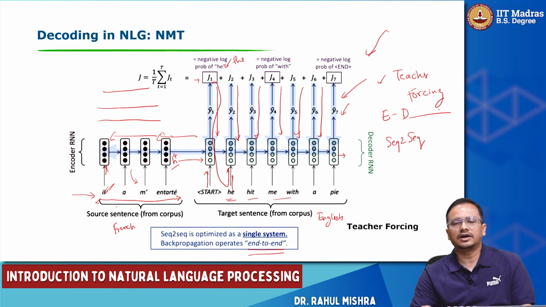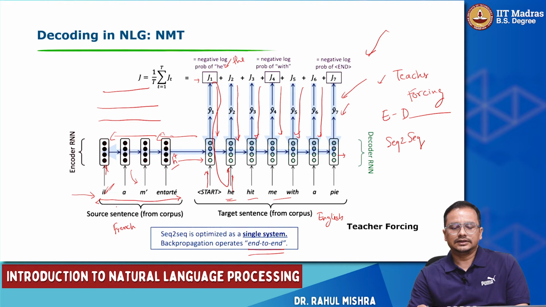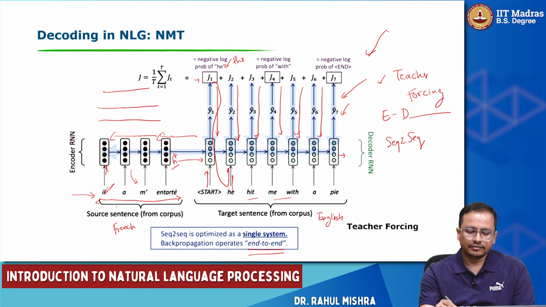So now you know there are two kinds of setup. One is called student forcing, where the generated word is fed back to the decoder RNN at each future step. But in the case of teacher forcing, we already know the labels or true words, and we feed those words rather than newly generated words.